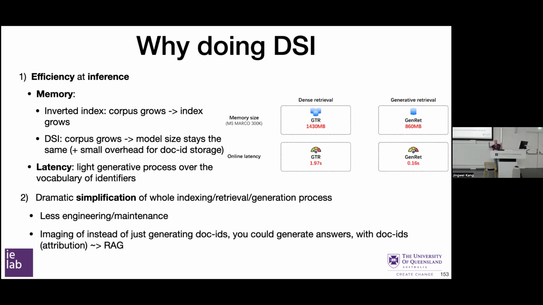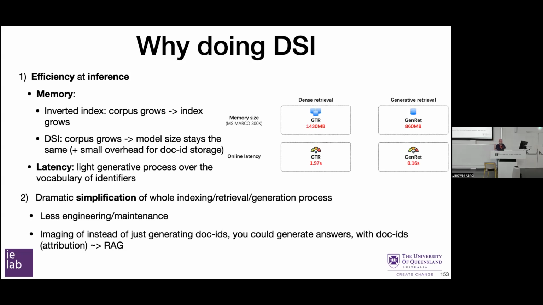Your inverted index in a traditional retrieval pipeline grows as your corpus grows. And that's the same for a dense index, by the way. If your corpus is 1 million documents, you have a dense index of 1 million embeddings. If now your corpus is 2 million documents, you have a dense index of 2 million embeddings. So you are growing that index.